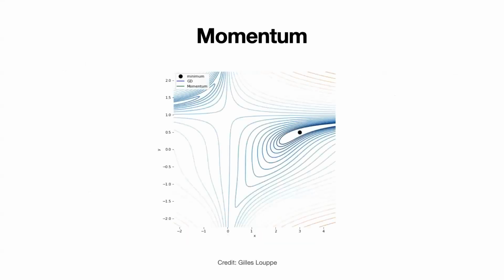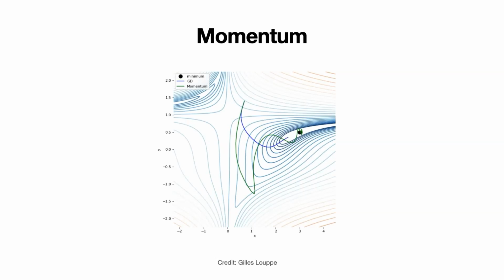This is what it looks like. You have gradient descent in blue and gradient descent with momentum. You see it's a little bit more janky in the sense that it's overshooting, right? But it's faster. Even though it explores kind of crazy regions of the loss landscape, it gets to the minimum much quicker than just gradient descent, which is very, very slow.